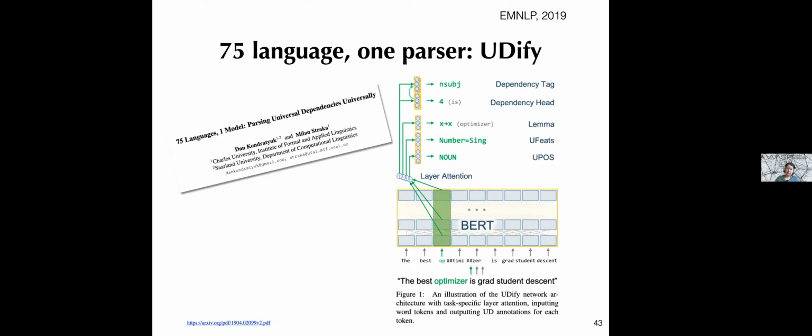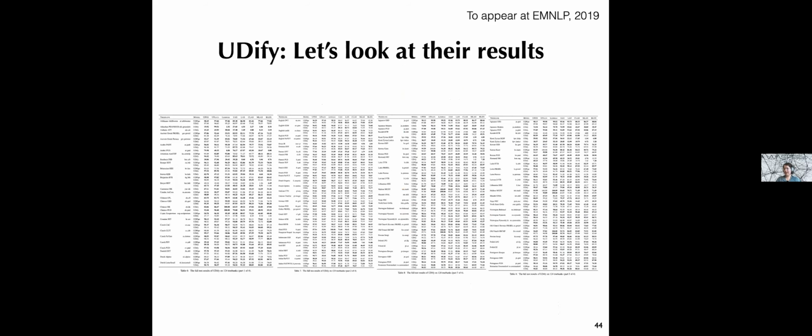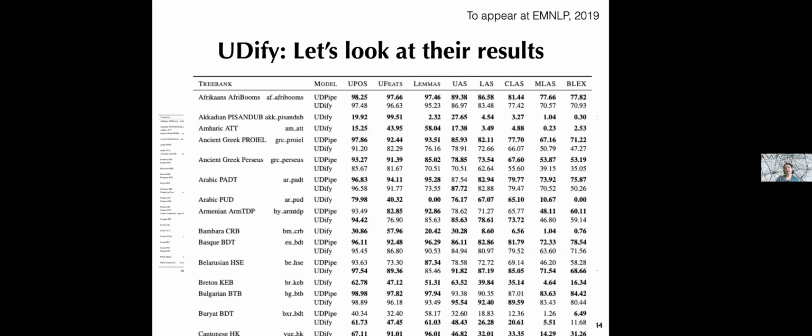And this is an example of a paper from last year where instead of modeling all the tasks which are part of universal dependency parsing, like POS tagging, features, lemmatization, and the dependency tree itself as separate tasks, the paper produced a single multitask learning model for 75 languages all in one go. If you look at the results, they are really impressive, but we need to zoom in a bit more.